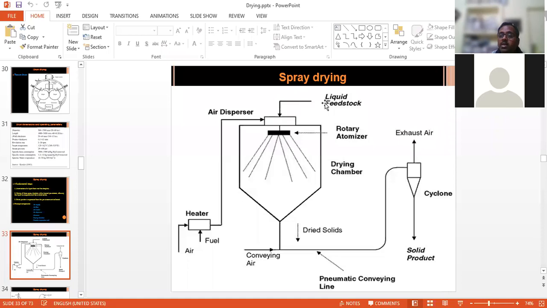So we are actually passing it through this atomizer, है ना. We can use atomizer. There may be different types of atomizer, you already know, and we are using rotary type here.